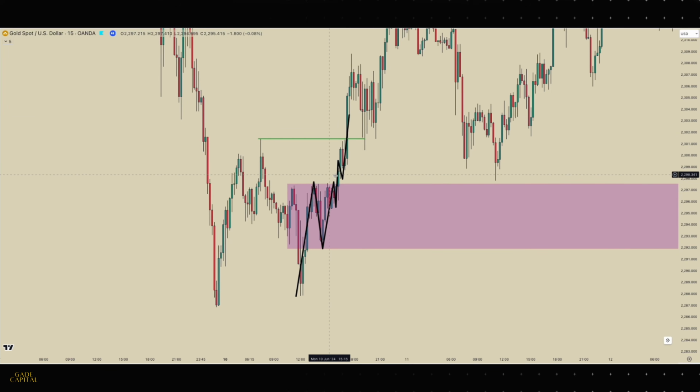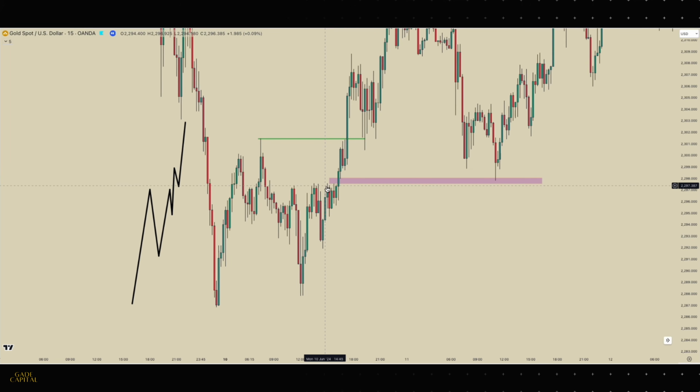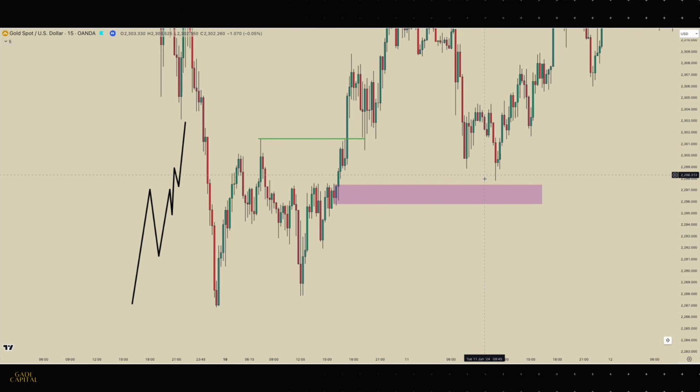And then broke this high. So there is a small imbalance left between this high and this low, right? If we take this out, we can see that there is a small imbalance left over here, which was fulfilled, but the order block below that imbalance is not mitigated yet, right? Even if it's fulfilled 50%, it doesn't matter. It needs to be fulfilled at least 100%, right?